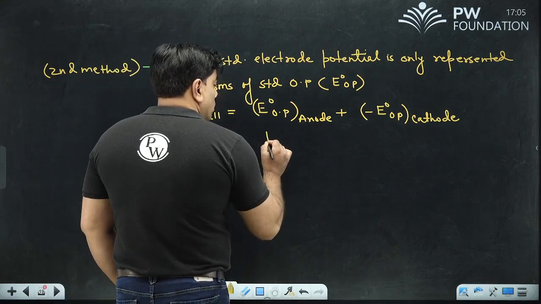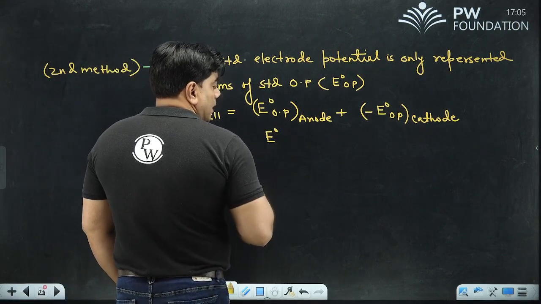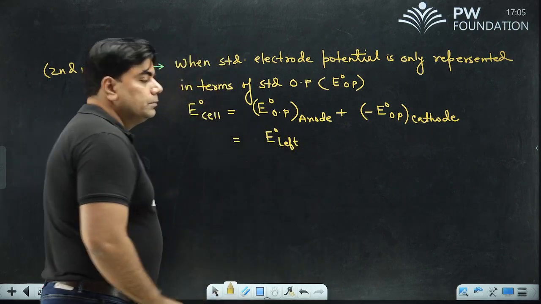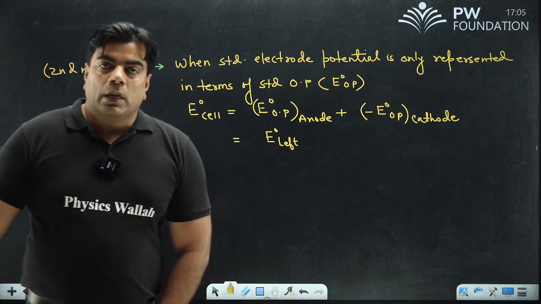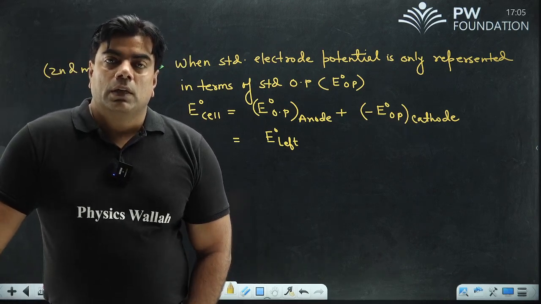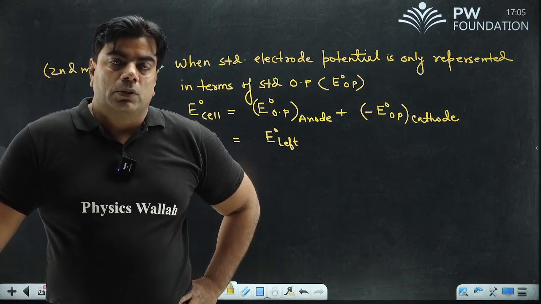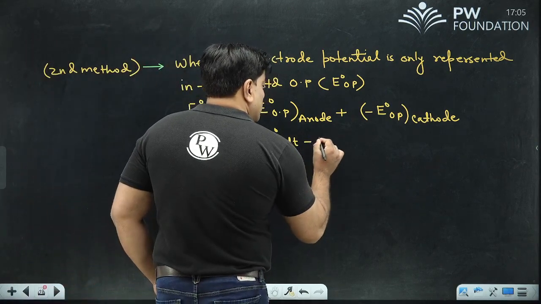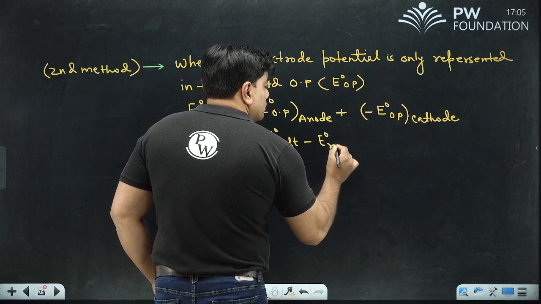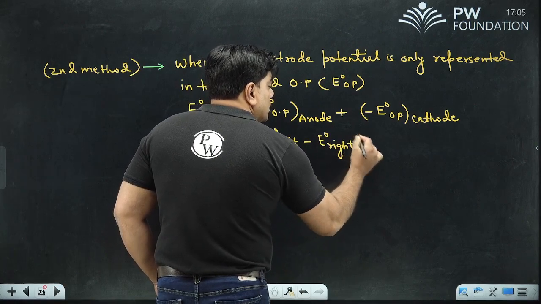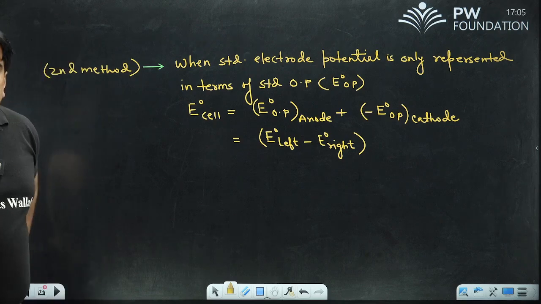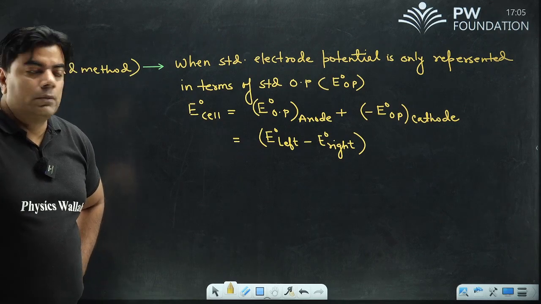Listen carefully. Therefore, we can also write like that: a standard E not left, and cathode part in the galvanic cell rearrangement is always kept in right hand side, E not right. Therefore, this formula can also be used for the calculation of standard EMF of cell by using second method.